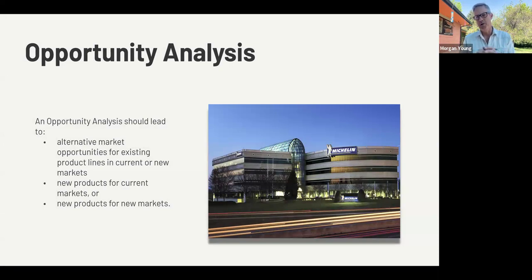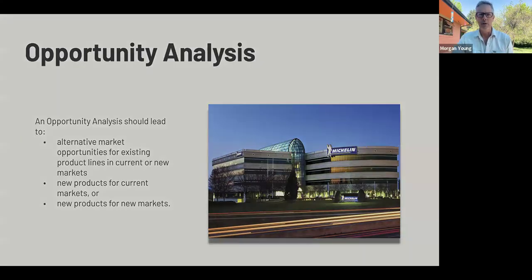So those who know brand extensions, maybe you know Ansoff's Matrix, which came after this Michelin story, you're going to see how Ansoff's Matrix fits into this here. They could look for new products for current markets or new products for new markets, classic brand extensions.